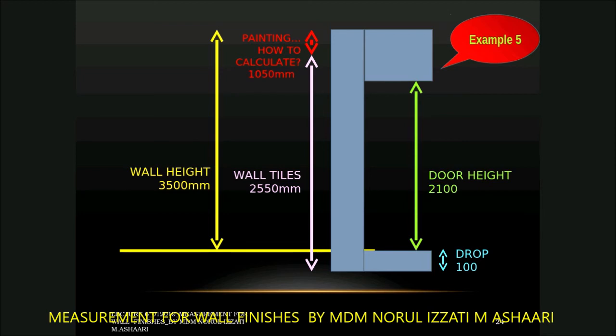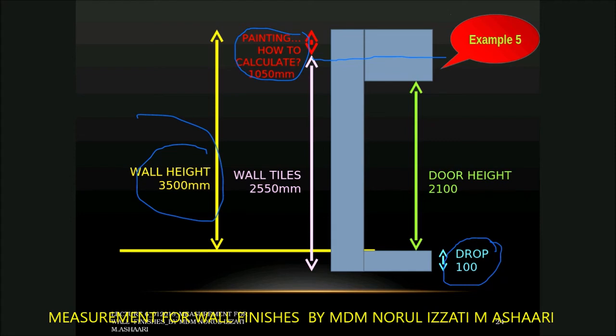Okay, the question here is how you want to measure the painting. This one is very simple. Number one, you have to consider the drop. So what you need to do is, if you need to measure the balance of this painting, number one, you have to take the wall height plus the drop. Then you get the actual wall finishes area.